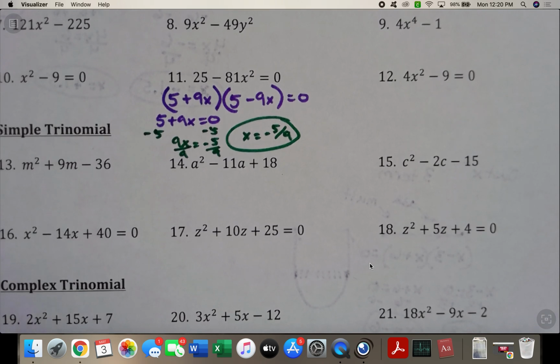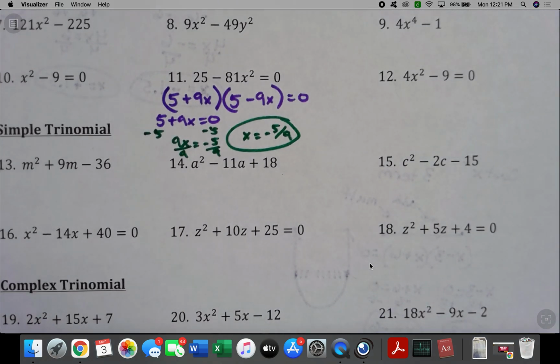18: multiply to get 4, add to get 5. What are 2 things you can multiply together to equal 4? 2 and 2, and 1 and 4. 1 and 4. Now what do you multiply to get negative 36? I have to make a list.